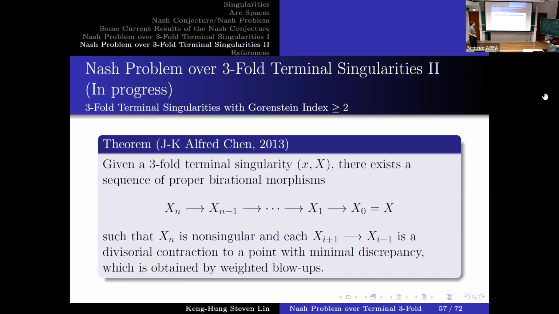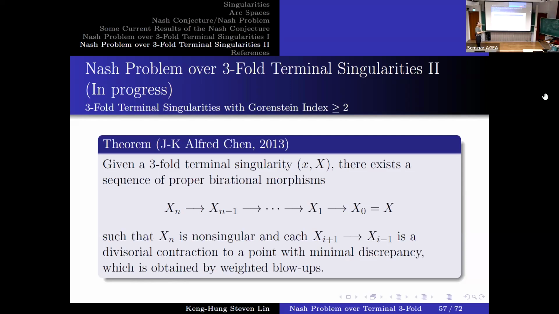Given a 3-fold terminal singularity, there is a sequence of projective birational morphisms such that Xn is smooth, and each step of the birational morphism is a so-called birational contraction to a point, which is obtained by a weighted blow-up of the ambient space.